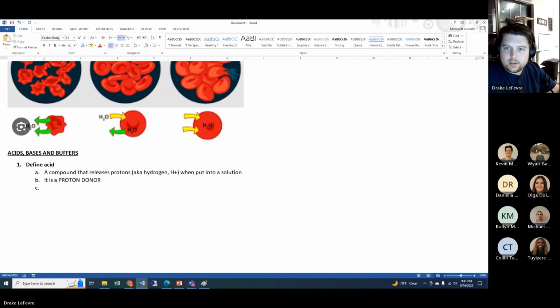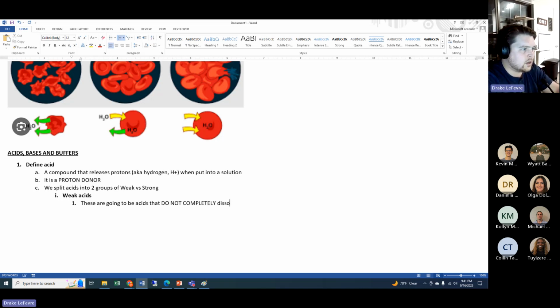Okay. I'll take a minute to talk about this here. We split acids into two different groups: weak versus strong acids. Weak acids are going to be acids that do not completely dissolve, also known as dissociate, when put into a solution.